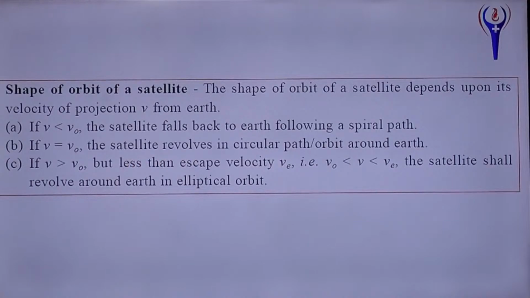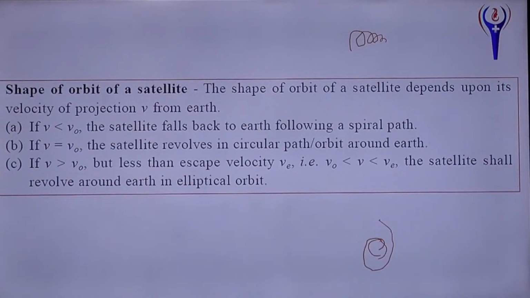Spiral or helical path, like this, and then it falls down. Suppose Earth is here and the satellite is shot from here and it follows a spiral path like this and then it falls like this.